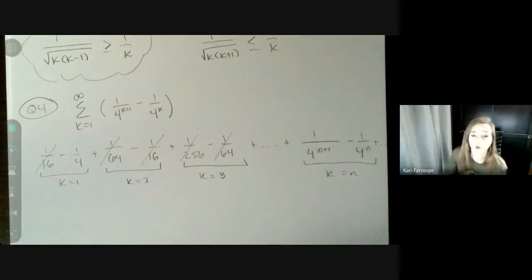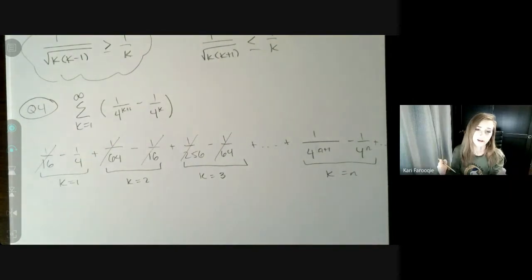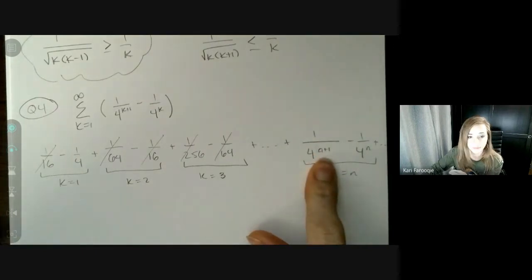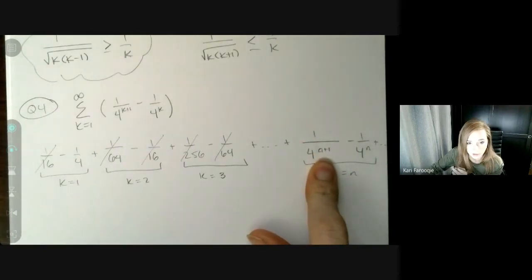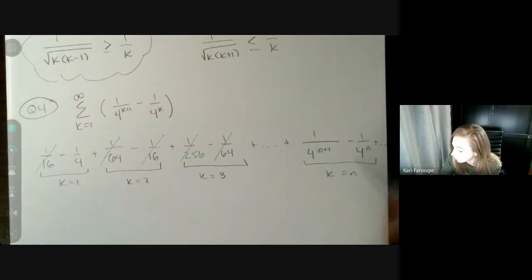Now, remember I told you that with telescoping series, these are going to cancel symmetrically on the right and the left. Now, if you accidentally do this wrong, it's not going to be a big deal because whether you keep the 1 over 4 to the n plus 1 or the 1 over 4 to the n is not going to make a difference in this case because the limit's going to end up being the same, unfortunately.